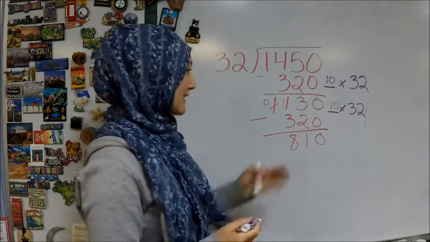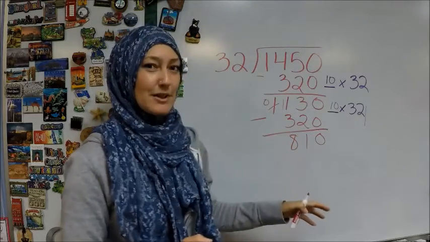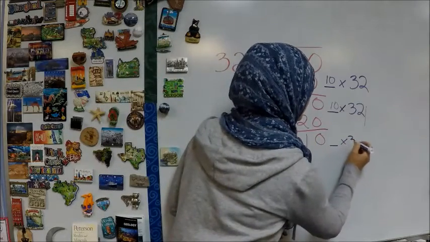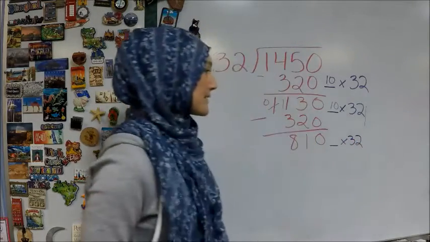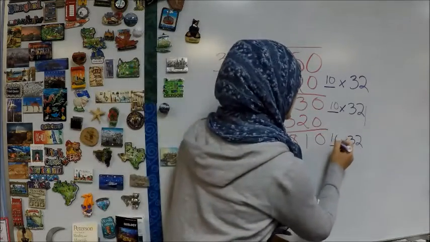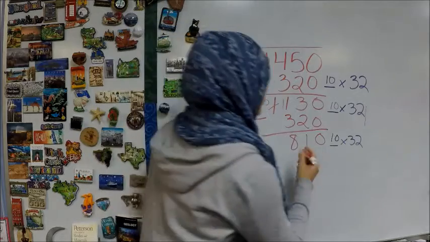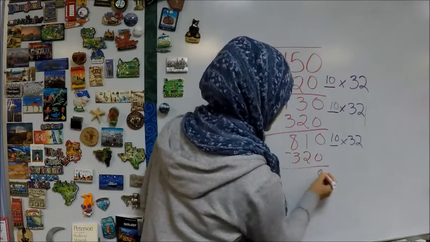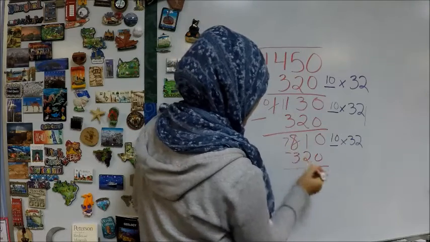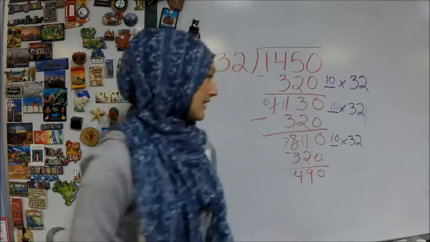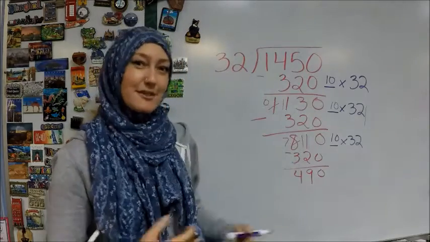And then I'll do it again, because I can keep breaking this down into a smaller chunk. So what times 32 can get me close to 810? Well, I can use 10 again. So 10 times 32, 320. And I have another remainder, so I'll do it again.